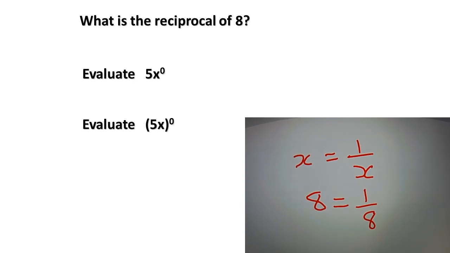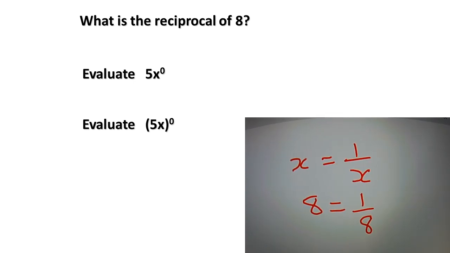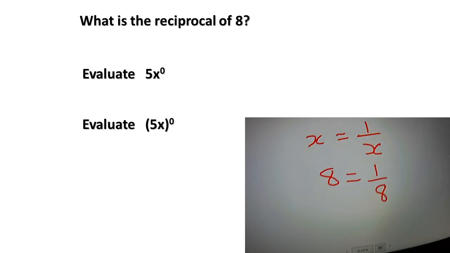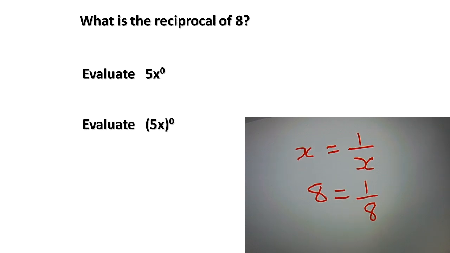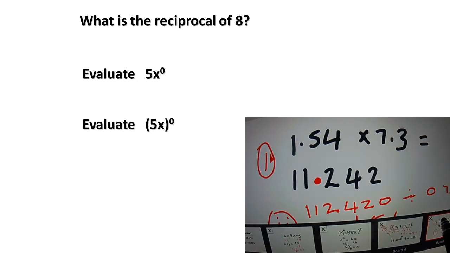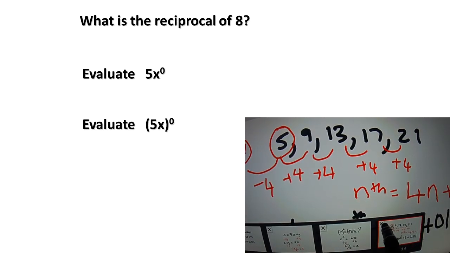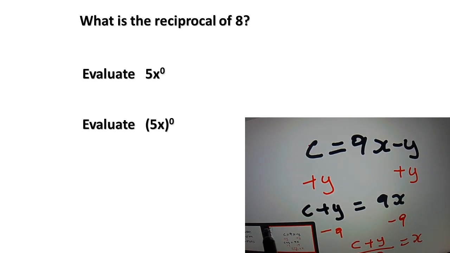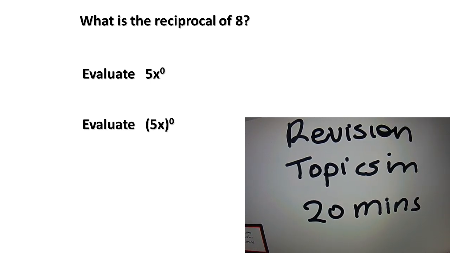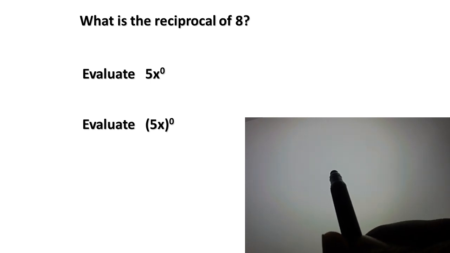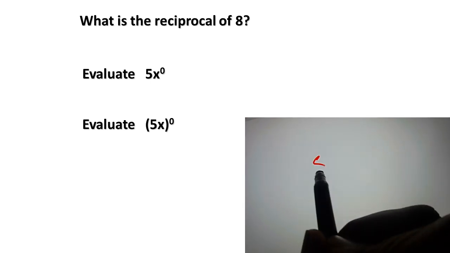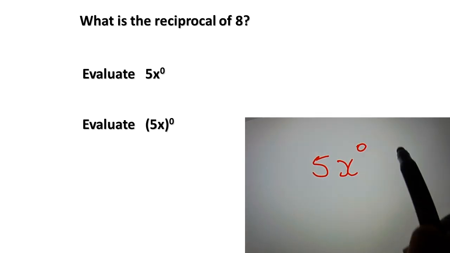Now be careful about these two questions here. Notice the difference in these two questions. We've got here 5 times x to the power 0.